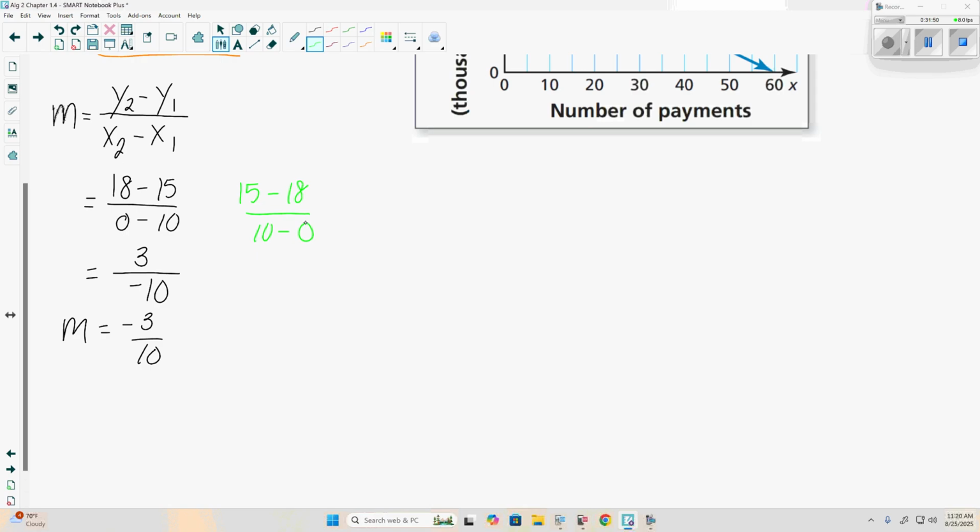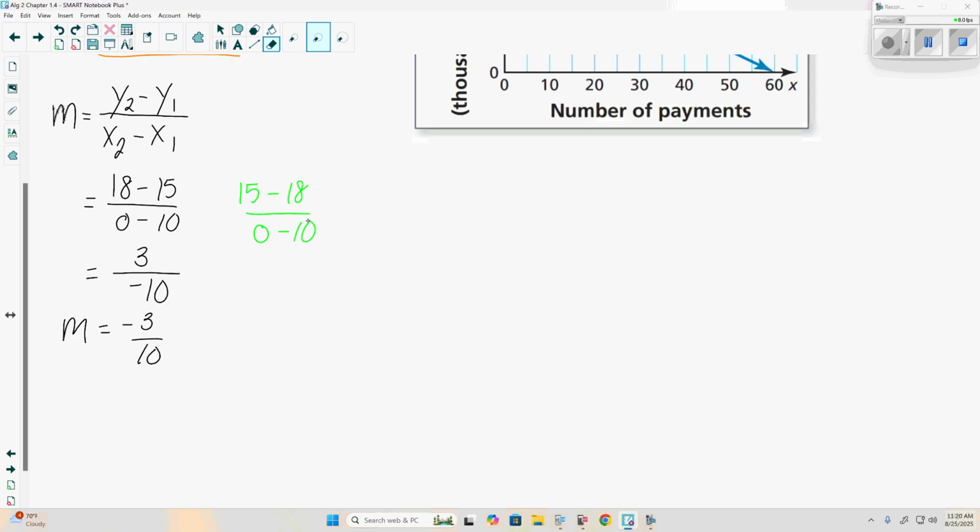Okay? So you don't have to write this. Because if we did this again, 15 minus 18 is negative 3. 10 minus 0 is 10. Do we get to the same thing? Yes. The only thing you need to be careful with slope is making sure that our values line up.